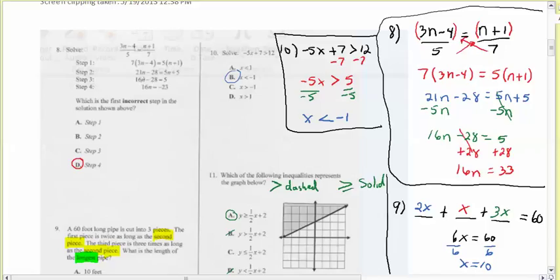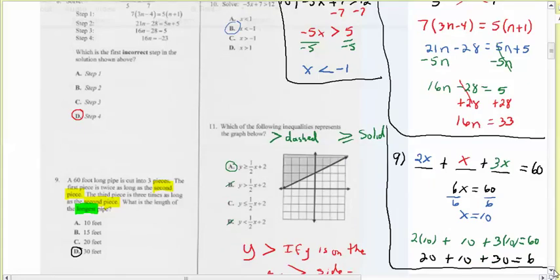And then I have my 21n minus 28, and I subtracted the 5n from both sides. I got 16n minus 28 is equal to 5. Then I added 28 to get 33, and that's where they made their error. They ended up with negative 23, so it's step 4. Number 9 is talking about a piece of rope.